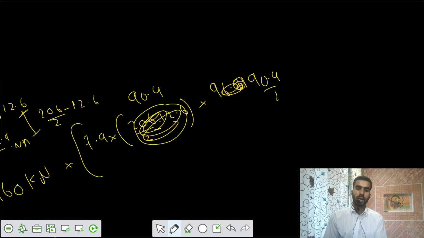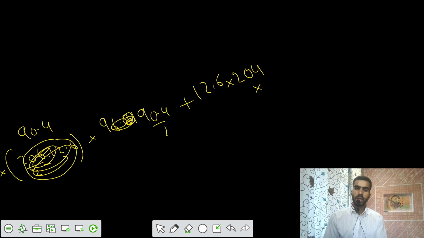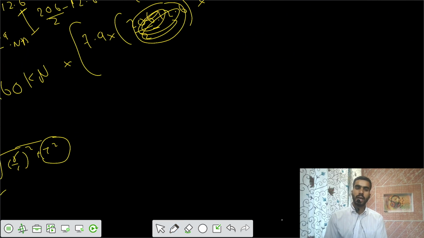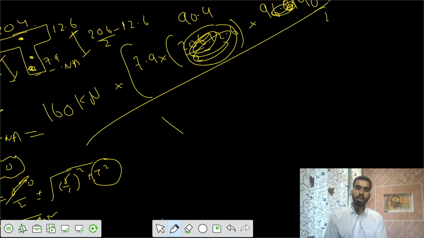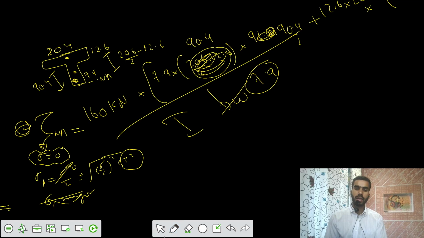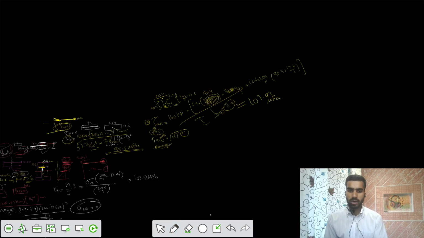Similarly for the upper area, that area is 12.6 into a width of 204, and it would be acting at 90.4 plus 12.6 by 2. So you get this A y bar, and you divide by I t. The value of I you already know, and the thickness at the web is 7.9. So the shear stress at the neutral axis is equal to 107.92 megapascal.